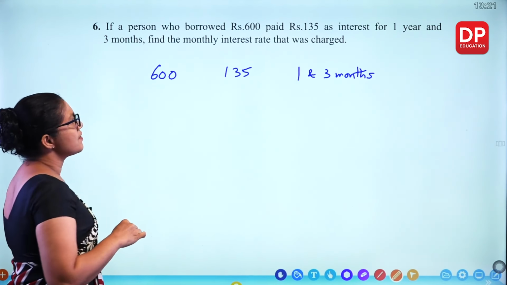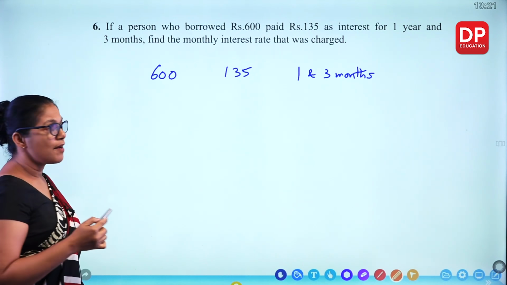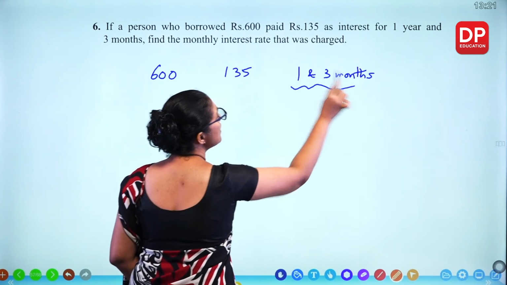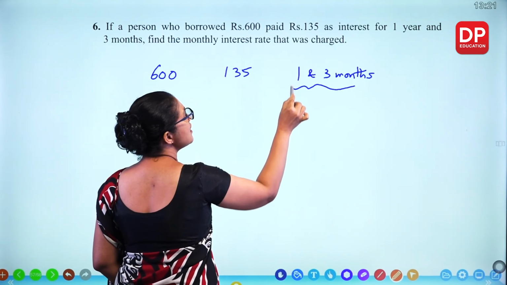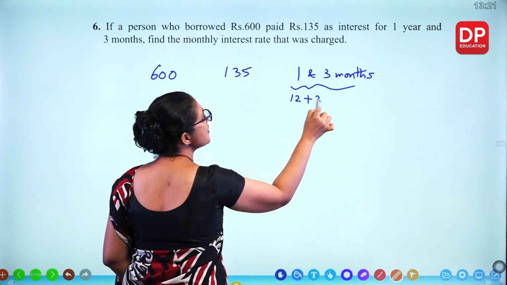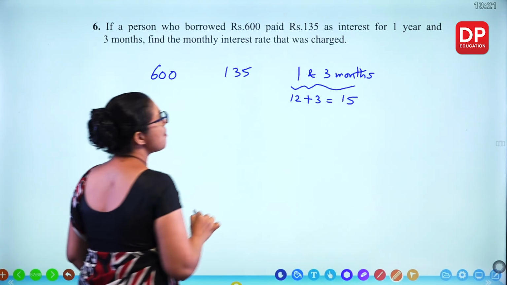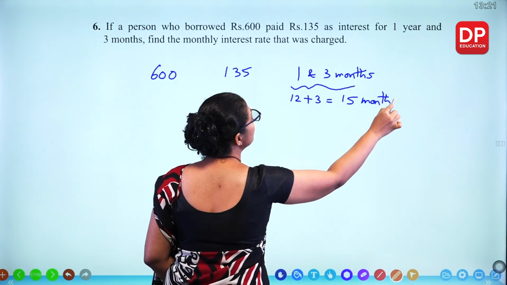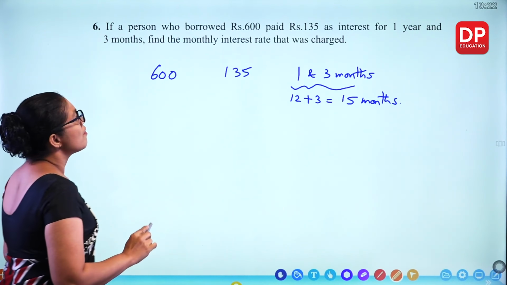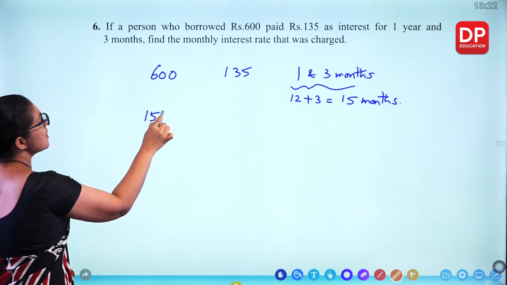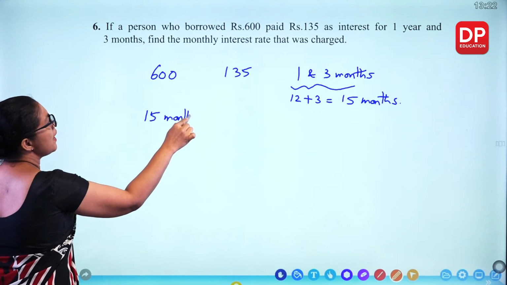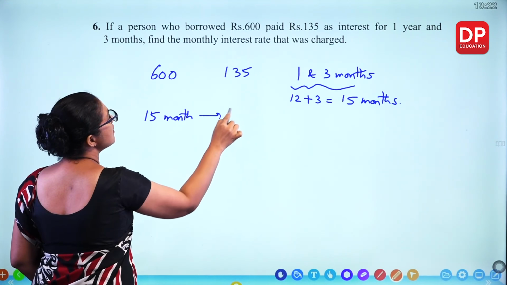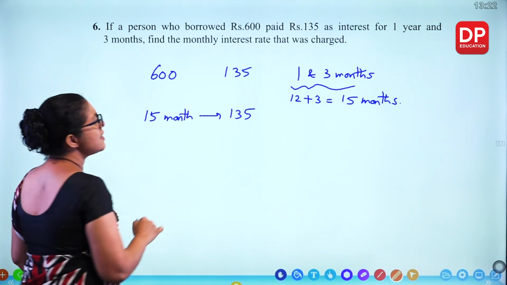Find the monthly interest rate that was charged. So here first we'll find out the total number of months. 1 year means 12 months plus 3, 15 months. For 15 months, paid 135 rupees as the interest.